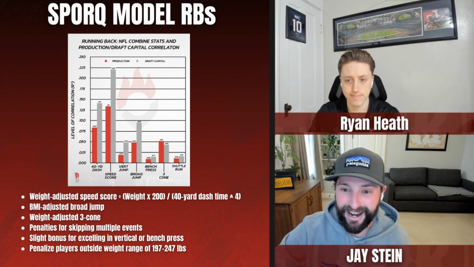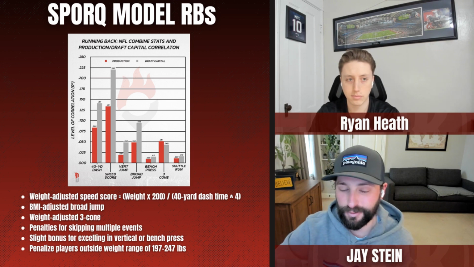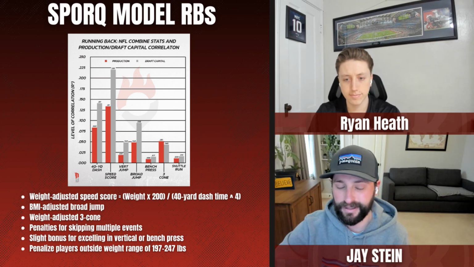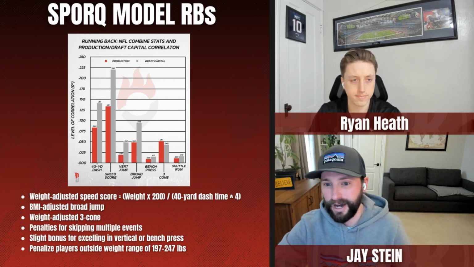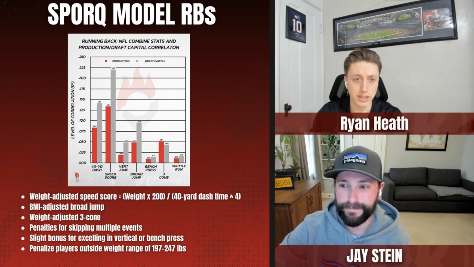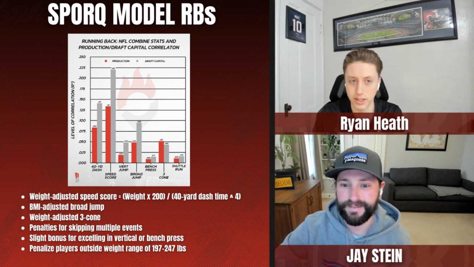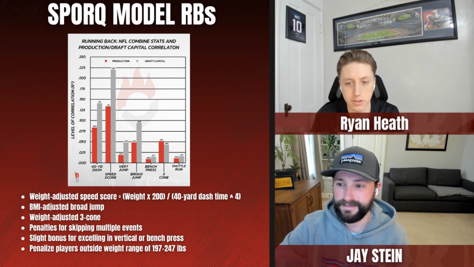So how have you put together this model? What are the most important metrics for running backs that we're getting the testing data from the combine for? And how does that play into the model that you're creating for the running back position? Yeah, you can see what is relatively more predictive up on the screen here.